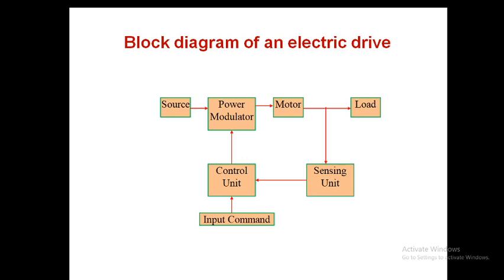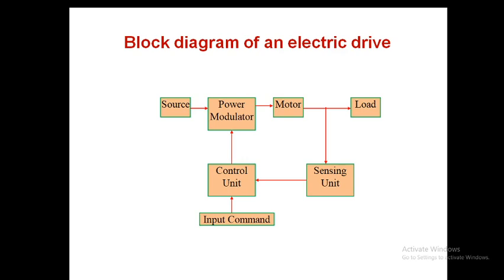If your source itself is DC, but you have to operate an AC load, then you have to use an inverter, and the corresponding motor is an induction motor or synchronous motor. Likewise, the power modulator gives the required power to the load and motor. The motor and load are connected by the shaft.